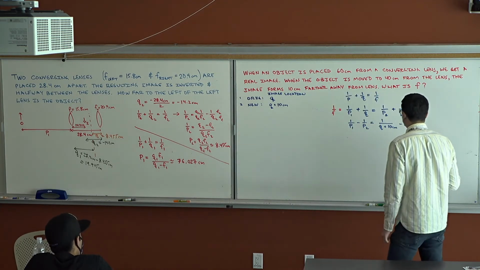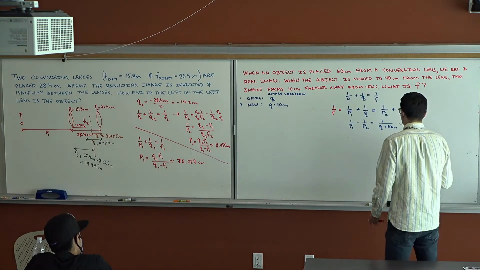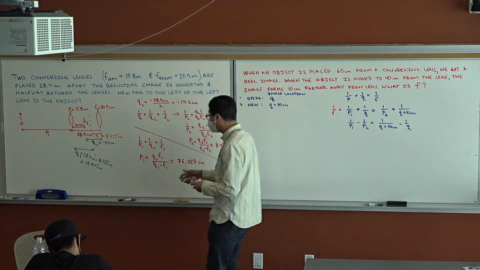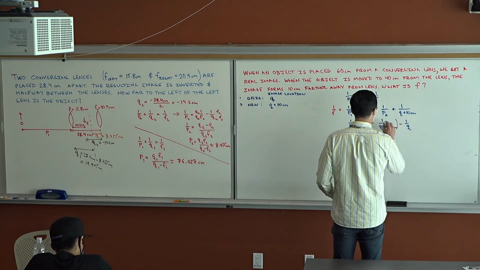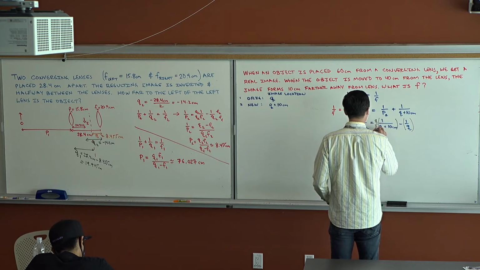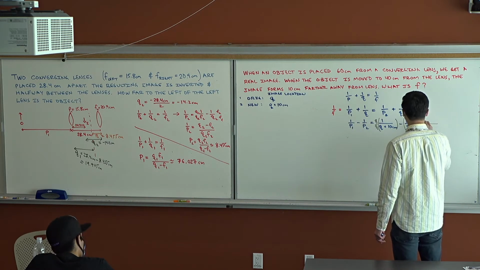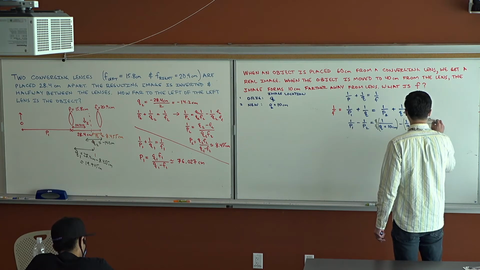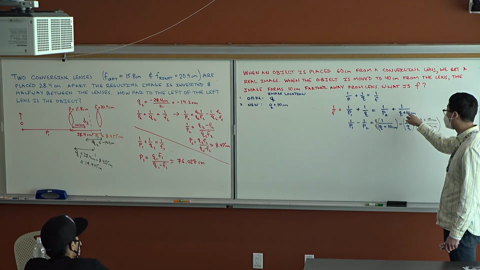So there's a neat trick we can play here. I could multiply top and bottom of this one by Q, and I could multiply top and bottom of this one by Q plus 10 centimeters. If I do that, it's the same as multiplying the first one by 1 and the second one by 1.